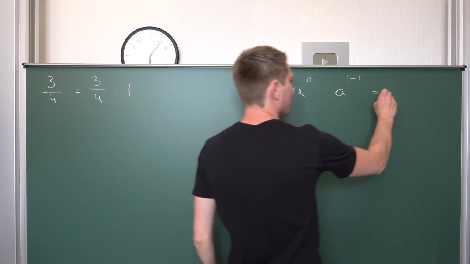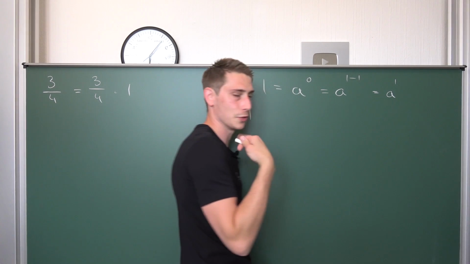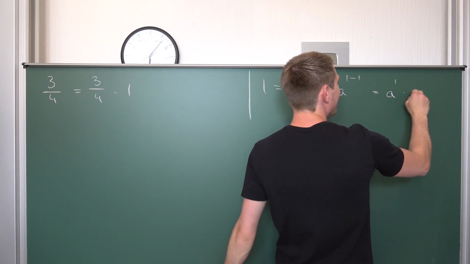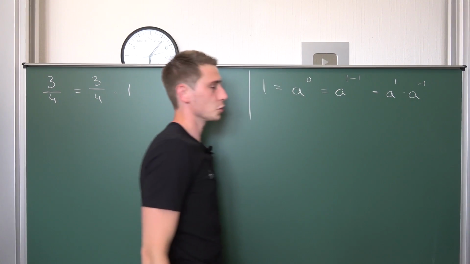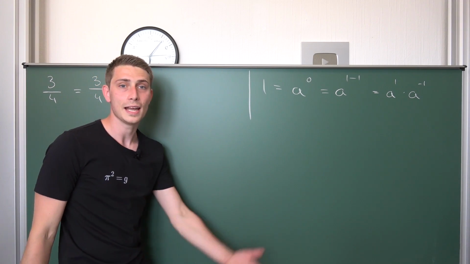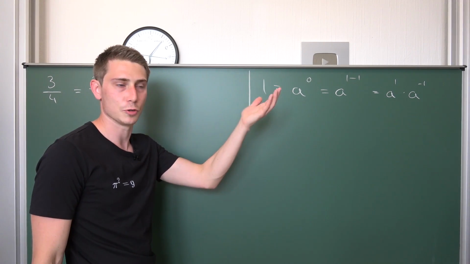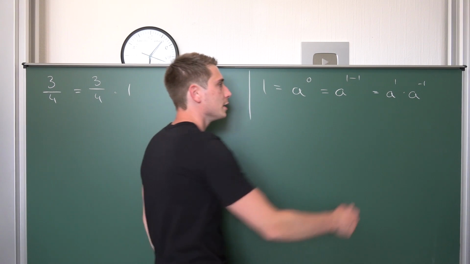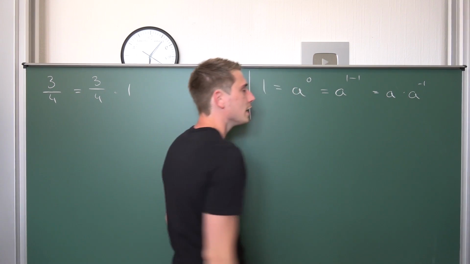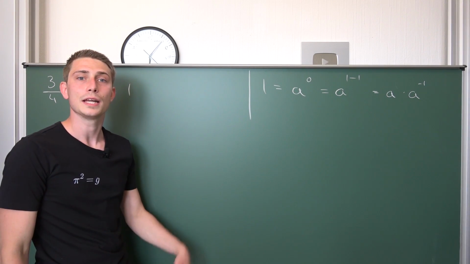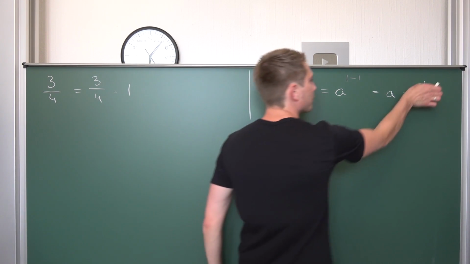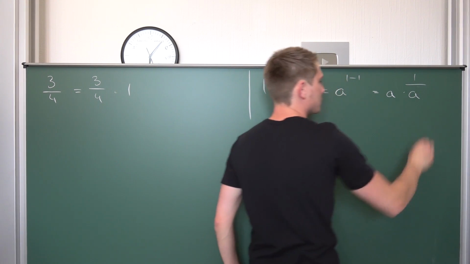It's nothing but a to the 1st power times a to the negative 1st power. And a to the 1st power, something to the 1st power, we had this in the video before, is just the something itself, and a to the negative 1st power is nothing but 1 over a. We talked about this before in the last video.